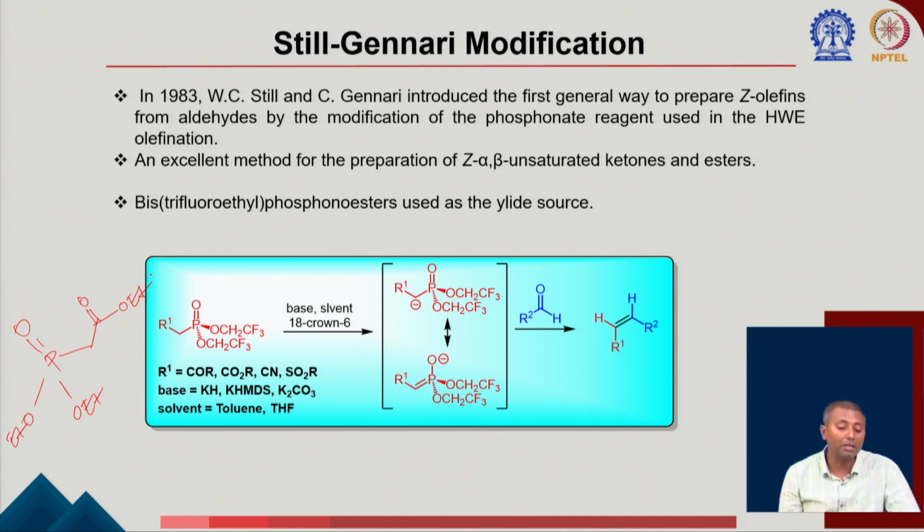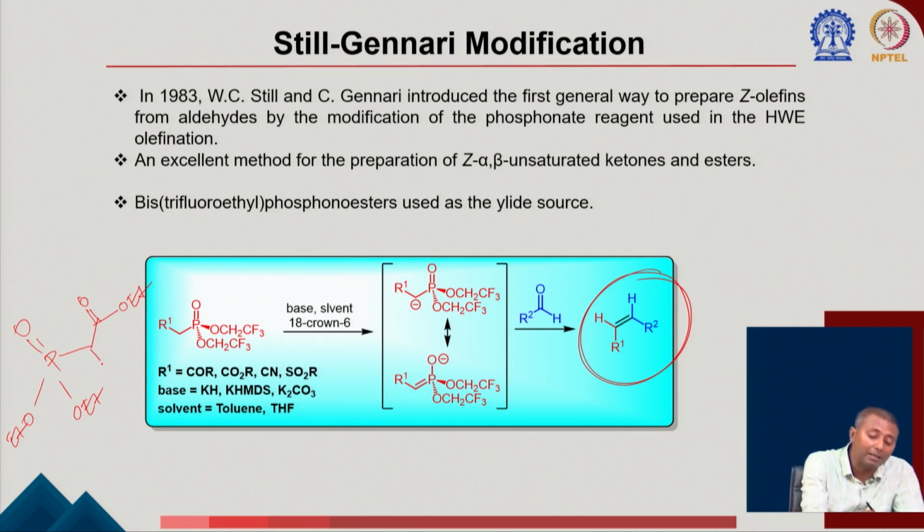But now the question comes, can you change some of this so that it ends up forming the Z olefin? As I mentioned, one advantage of these phosphonates is that they are more nucleophilic, and this proton can be easily abstracted because you have 2 electron withdrawing groups attached to this carbon.